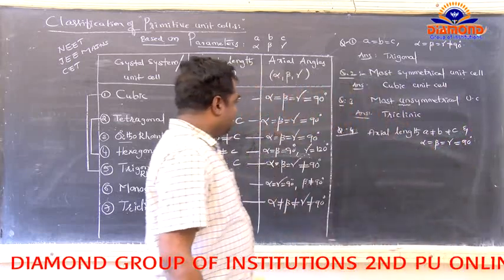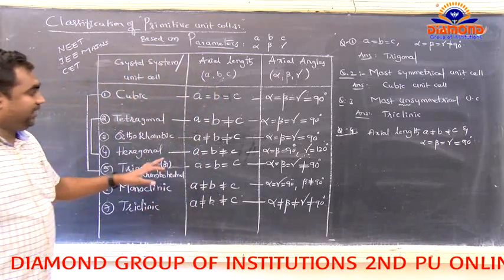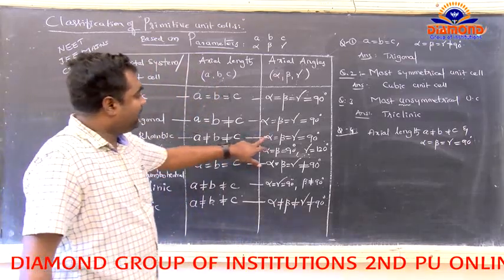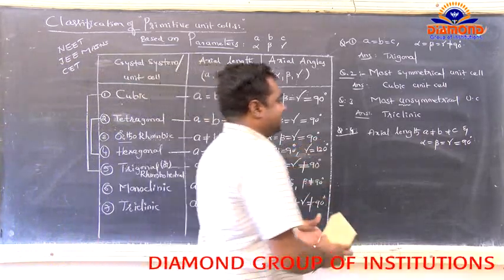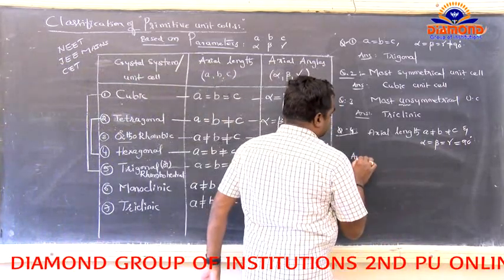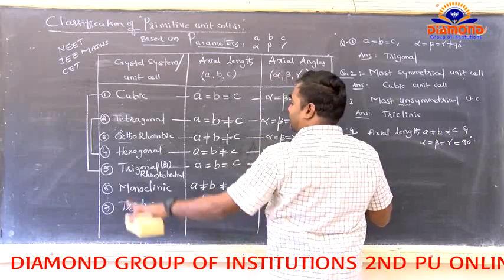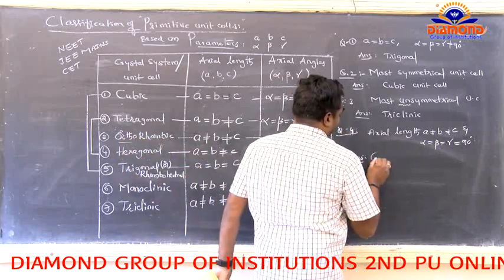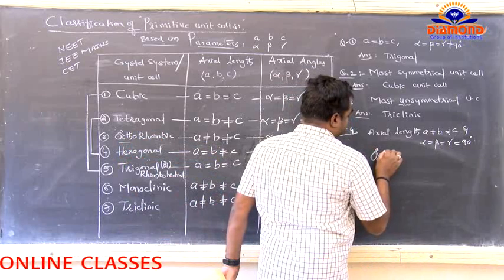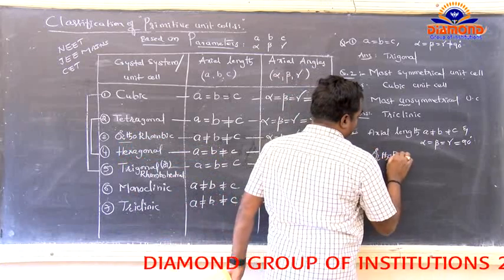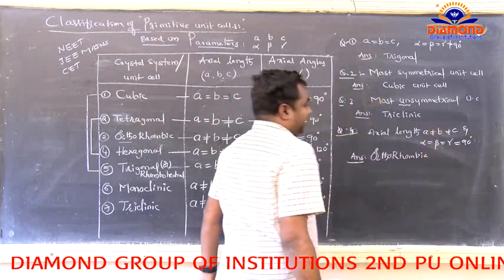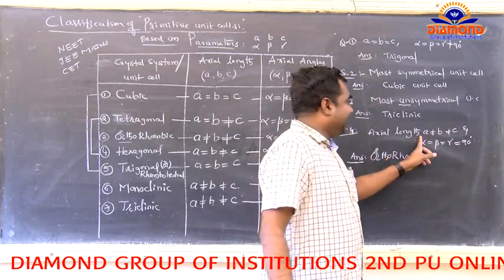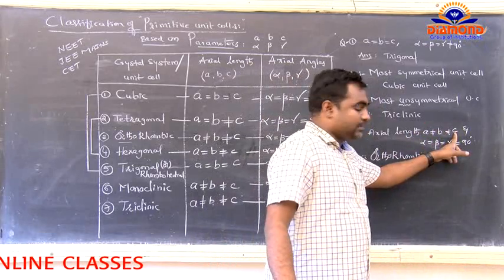What is that? Simply, the answer is orthorhombic. Orthorhombic, where A is not equal to B, not equal to C.